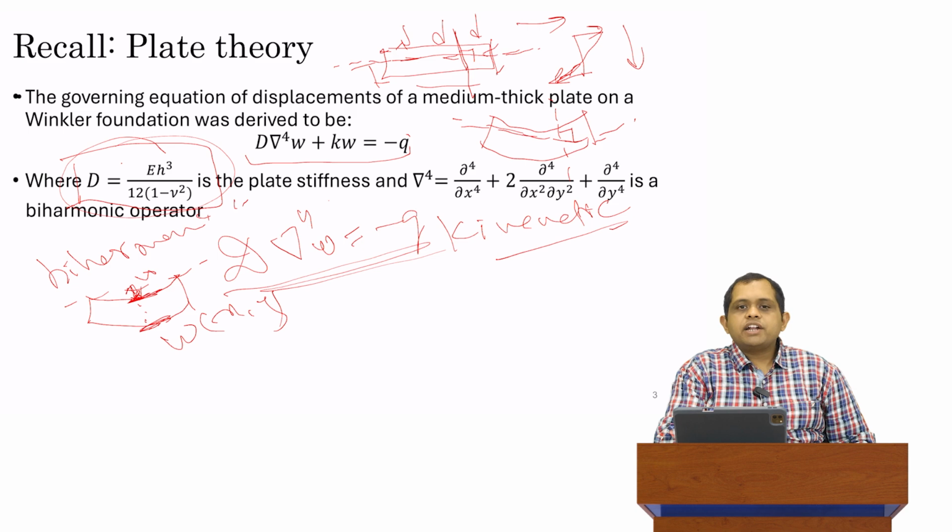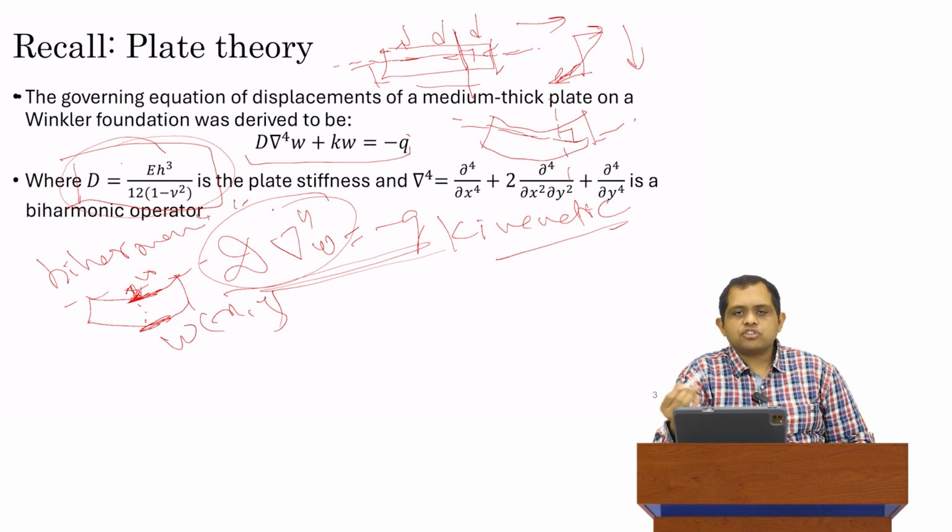Anyway, one addition which we made to the Sophie-Germain equation: the Sophie-Germain equation only had this term, which is D into del power 4 w. We assume that the JPCP, in addition to the slab satisfying the medium thick plate theory, which is the Sophie-Germain equation, is actually sitting on a bed of springs.